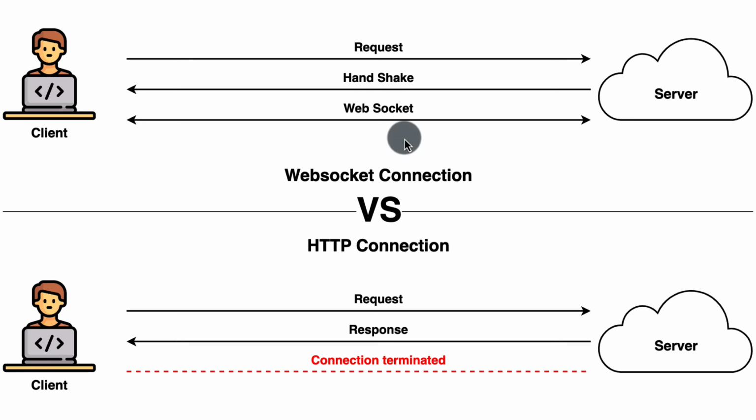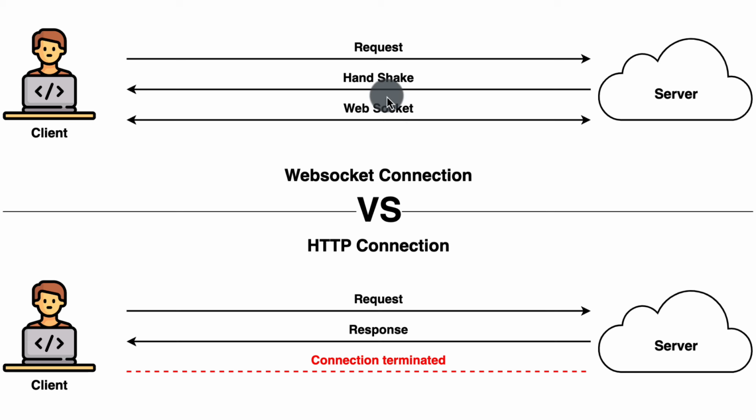And then we have the server push capability. In HTTP, traditionally the server cannot send data to the client unless it is responding to a request. With WebSockets, the server can push data to the client anytime after the connection is established, which is useful for real-time applications. So these are the key differences between the two protocols.